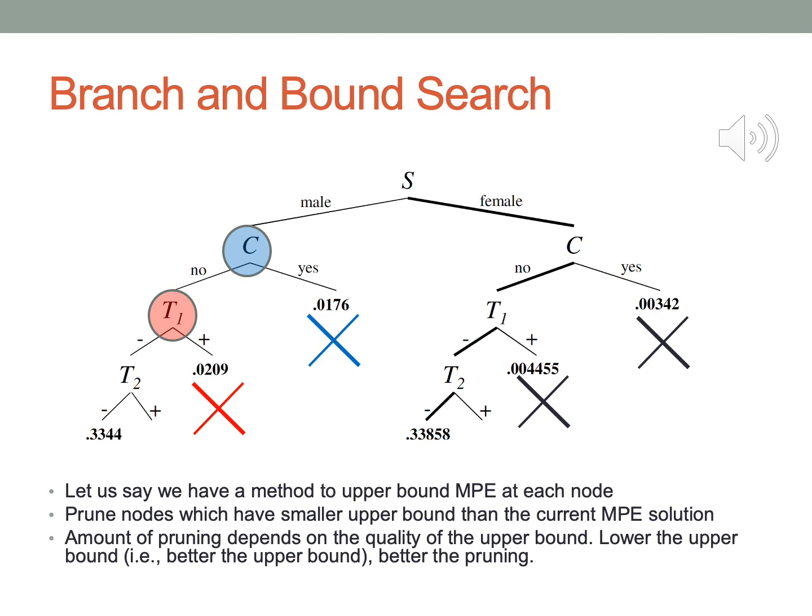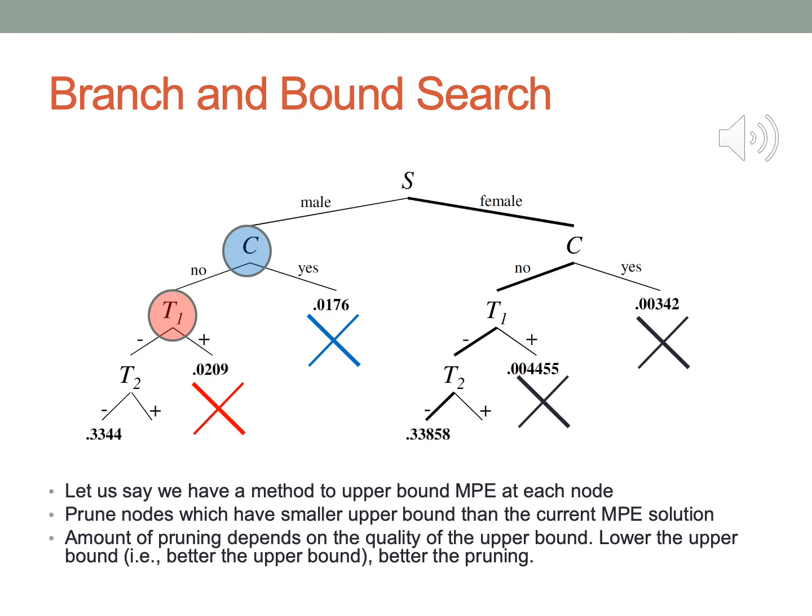For example, let us explore the OR tree from left to right, right? If you do that, then you will begin with a solution that has probability of 0.3344, which is the leftmost leaf node on the tree shown on the slide. Now, on this tree, consider the red node which is labeled by T1.